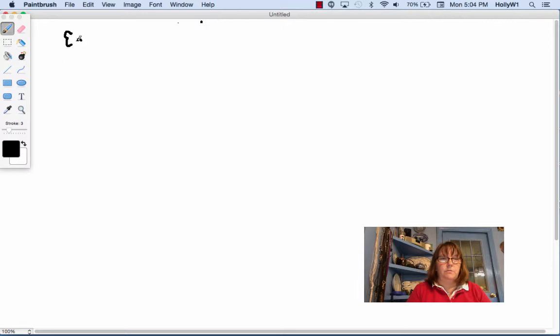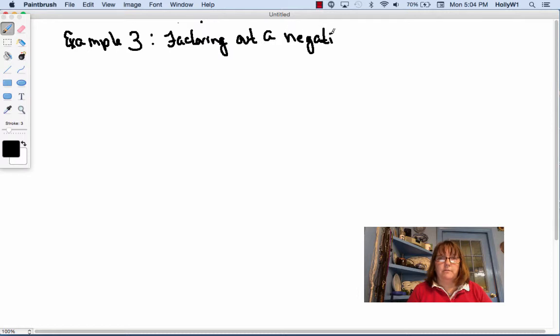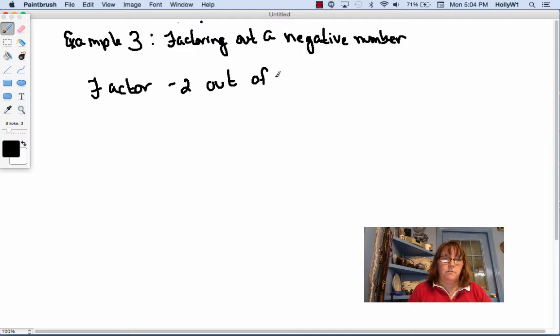Example 3. It's factoring out a negative number. We're going to factor -2 out of -4p plus 10.